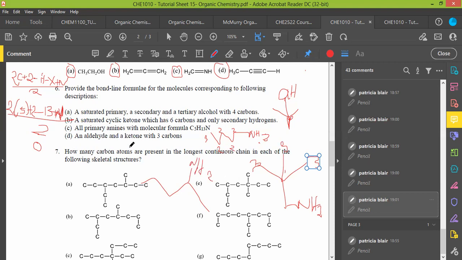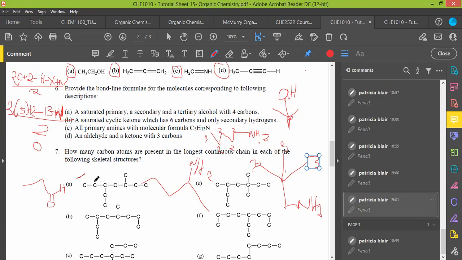An aldehyde and a ketone with 3 carbon atoms. 1, 2, 3. The aldehyde is going to be here, with H like that. So this is an aldehyde that you're going to have.